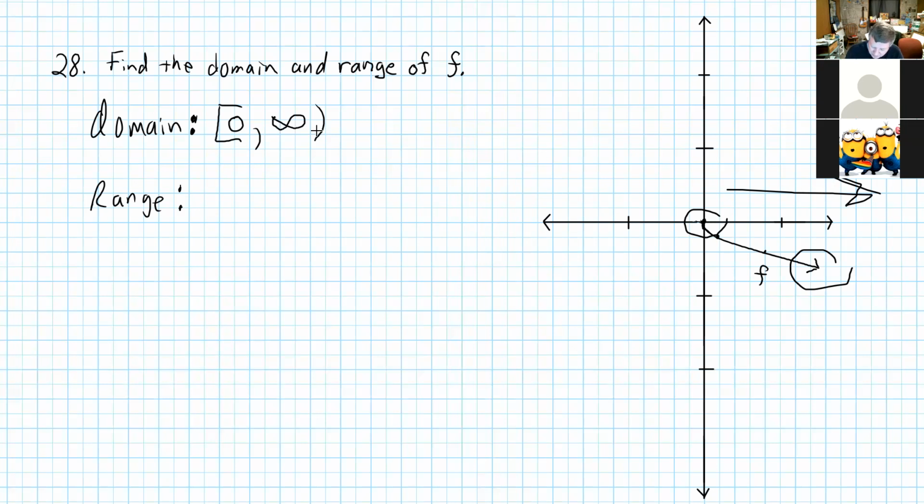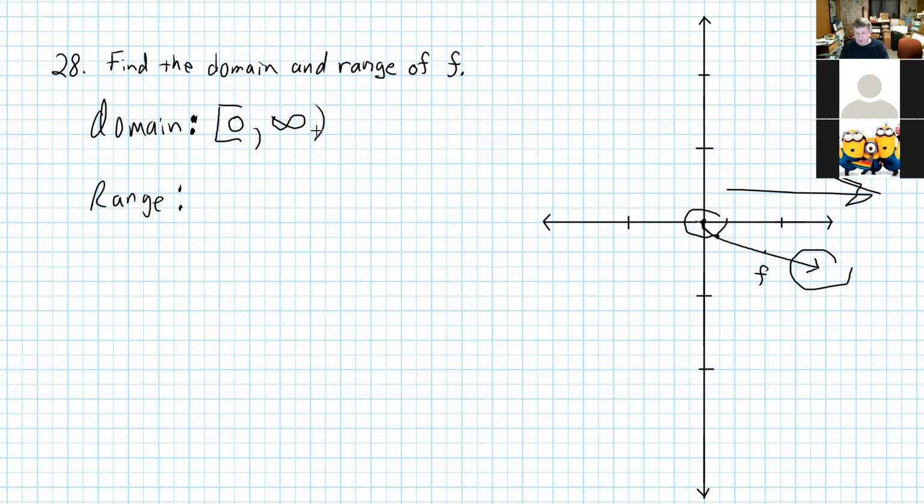All right. What about the range? What does the range do? What's the smallest value or the most negative value of the range? Well, it keeps going.